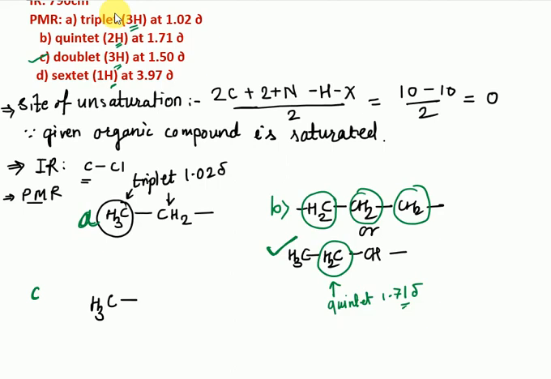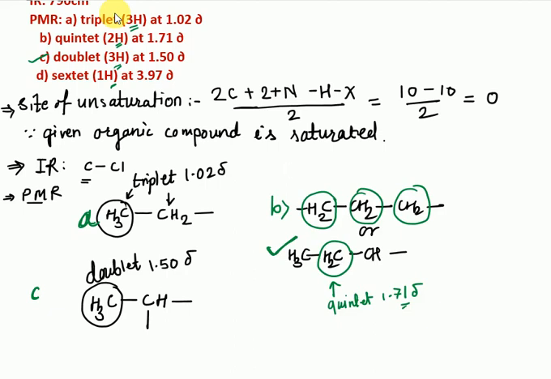It means that this CH3 is attached to the carbon which carries the single hydrogen. So the structure will be like this. These hydrogen give the doublet at 1.50 delta value. And the remaining one hydrogen gives the sextet.